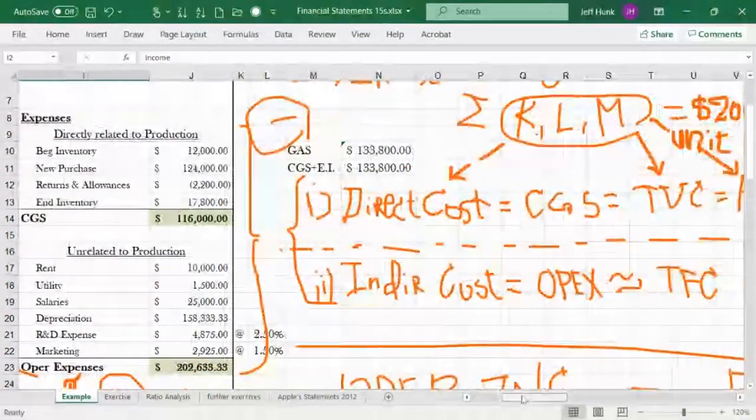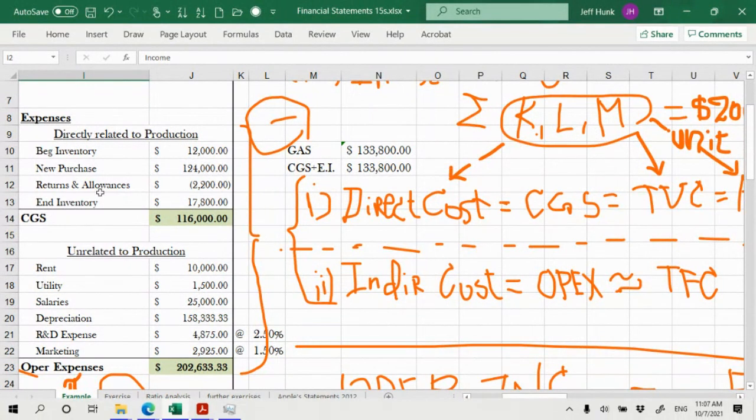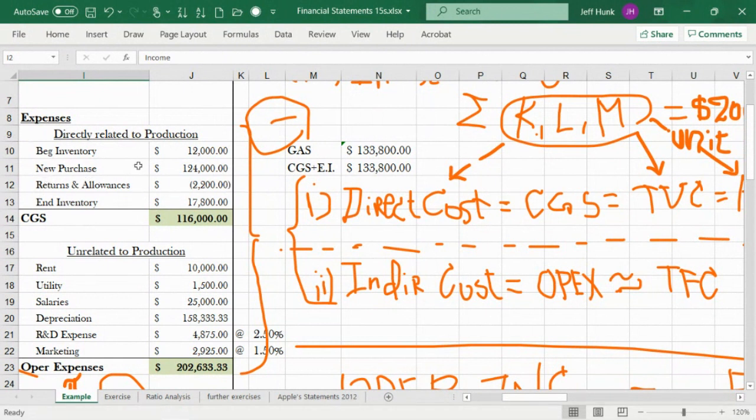But this is a slightly different example from the manufacturing case, because when I explained it, I used manufacturing as an example. The components of the CGS in this example is retail. This is a typical example of retail.